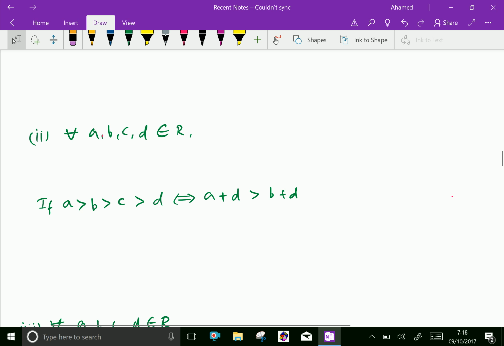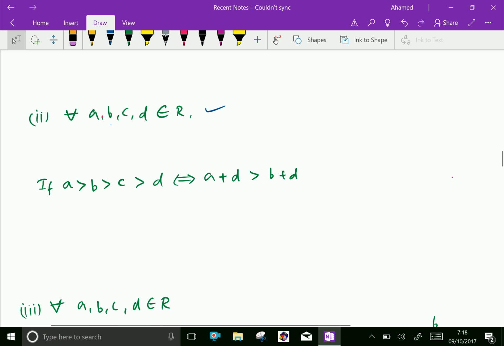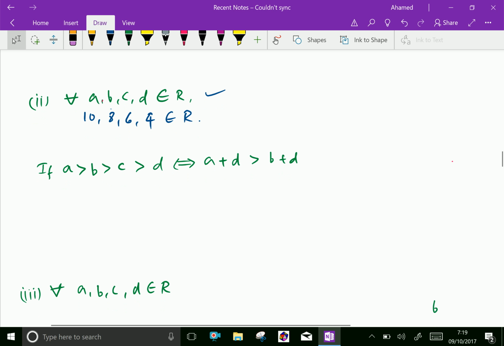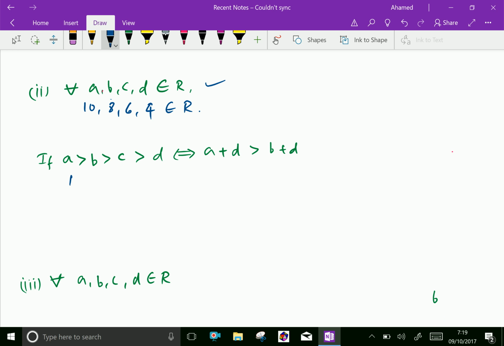Now, if A, B, C, D are elements of R such that A is greater than B, here A is 10, B is 8, C is 6 and D is 4. Here A is 10, of course 10 is greater than 8.